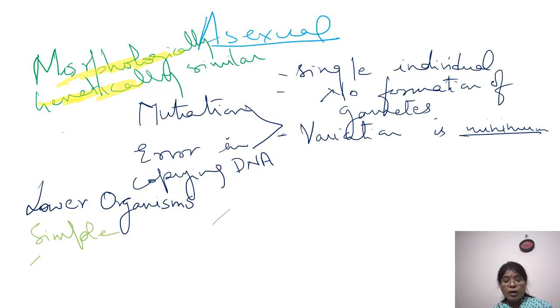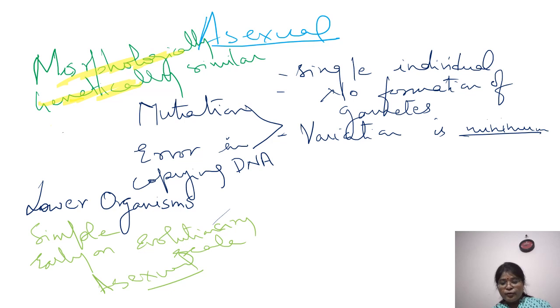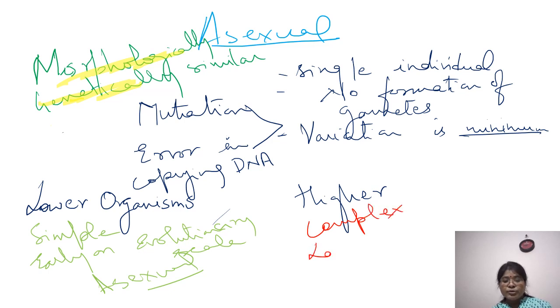They arose early on the evolutionary scale, and their major mode of reproduction is asexual. Okay, whereas if you look at higher organisms, what do we find in them? That their body design is complex. Okay, they arose later on the evolutionary scale, and major mode of reproduction in them is sexual.